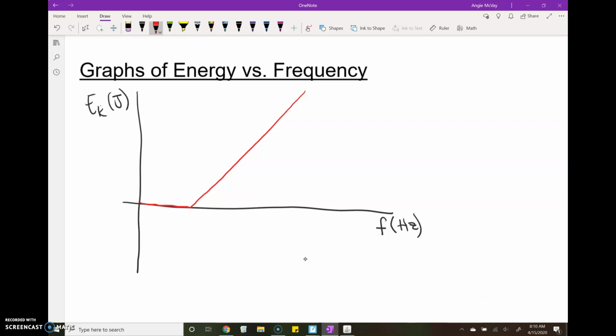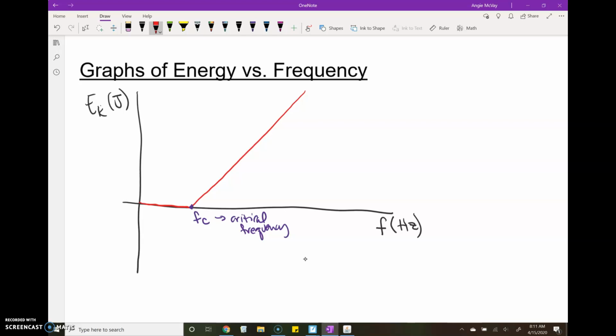Okay, so at this point right here, I'm gonna label it in purple. At this point where that transition happens, this is our critical frequency. Okay, and then, so this is the actual line that we came up with.